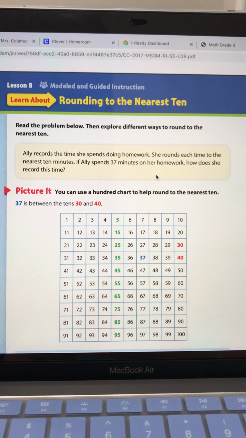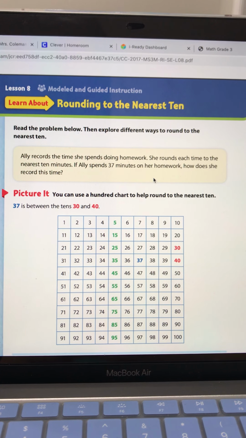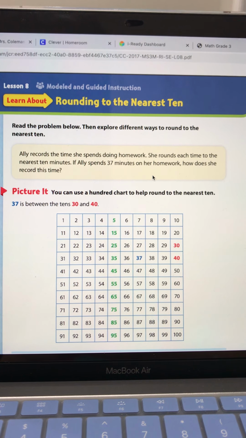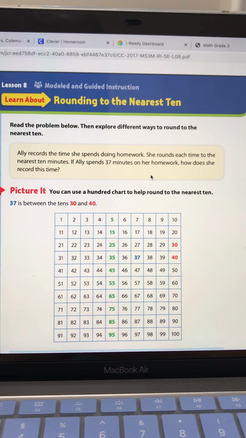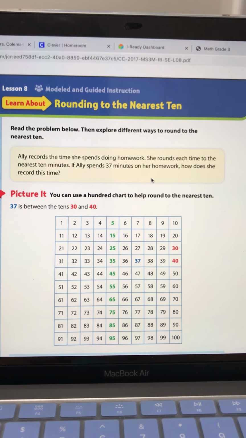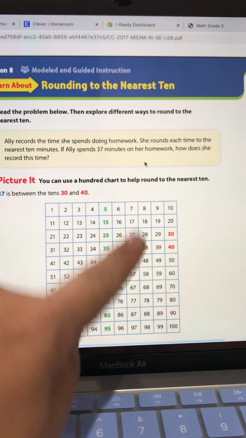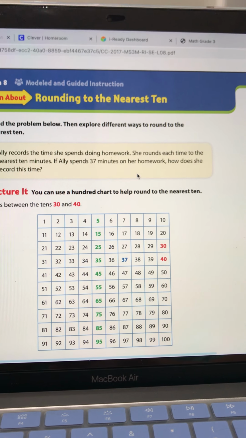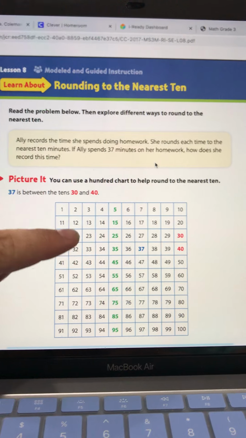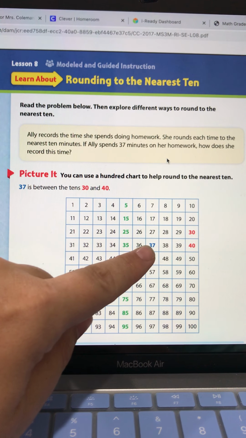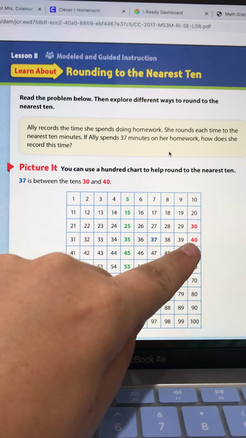Picture it, it says. You can use a hundreds chart like you see below to help you round to the nearest 10. 37, and you'll see 37 is in blue. 37 is between the tens, 30 and 40.